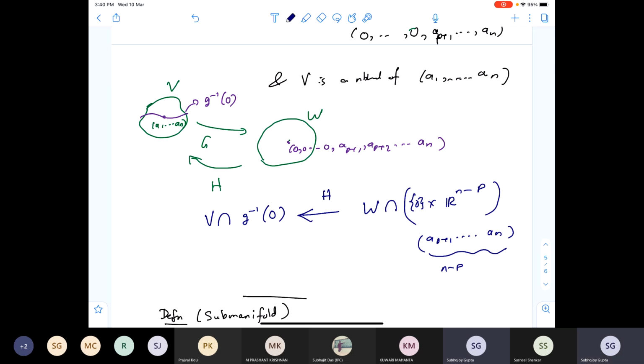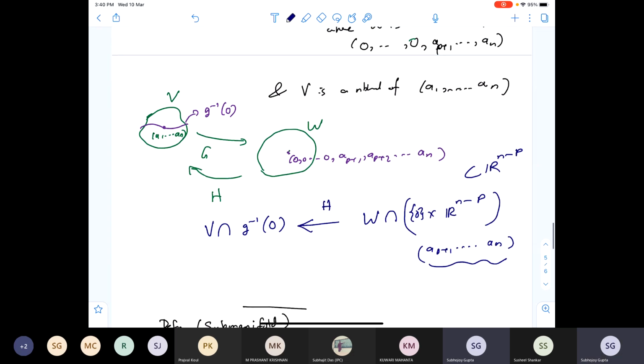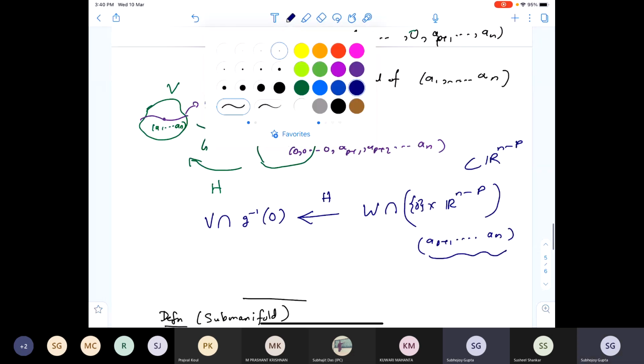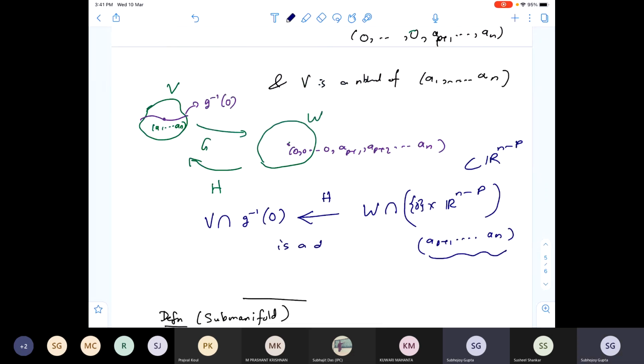So this whole thing is contained inside Rn minus p. You can think of it as restricting to some subspace of dimension n minus p, and your H will be a diffeomorphism from that to this. So this is a diffeomorphism.